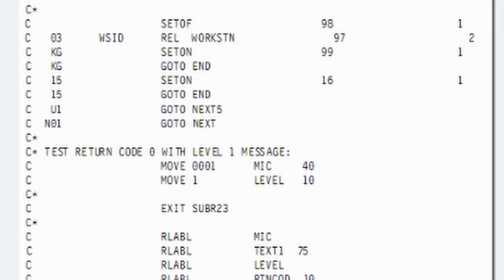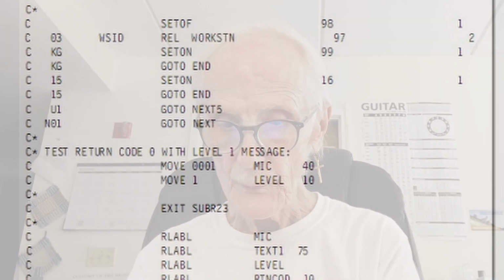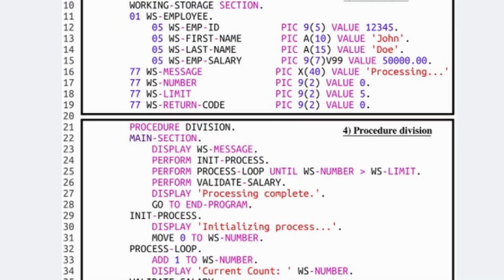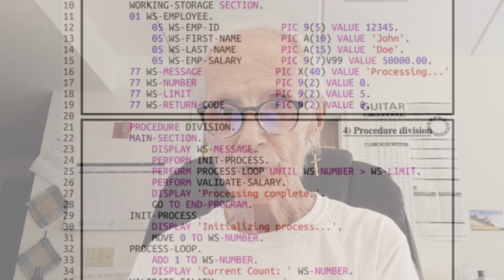One operation written in RPG or COBOL might ultimately require many individual machine instructions. The programmer doesn't have to write all of those instructions. The compiler does the translation. And that's what made high-level languages so powerful.